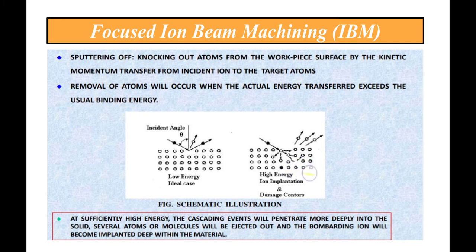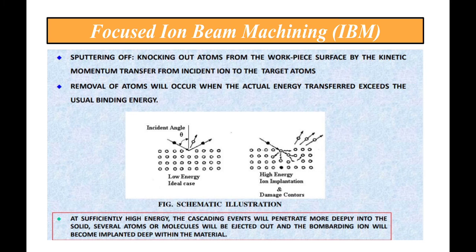And this is a situation which you really do not want in machining, because the surface gets damaged over here. This is the ideal situation which we want, but practically a situation in between these two takes place.